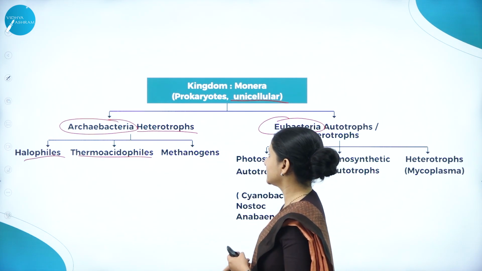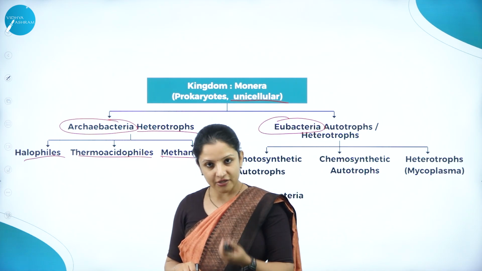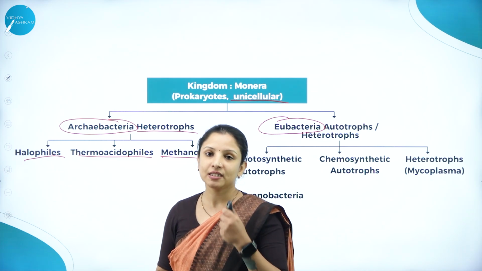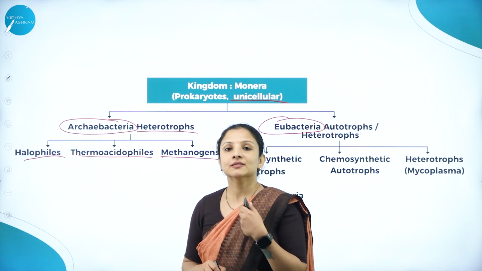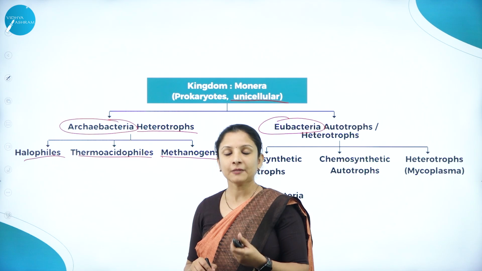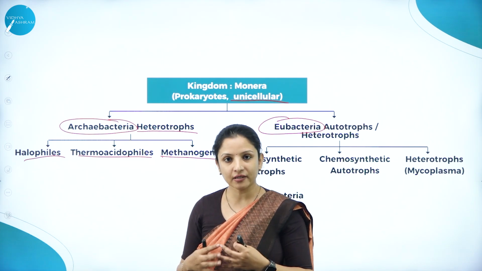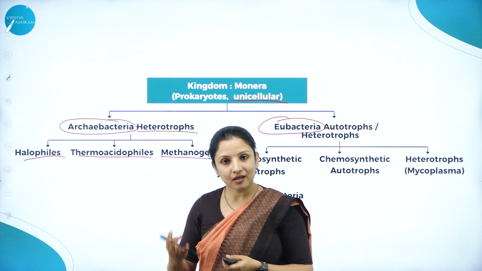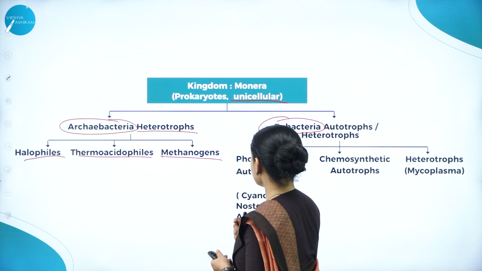And methanogens are the ones which live in marshy areas, as well as in the gut of ruminant animals such as cows or buffaloes, wherein they come out of the gut in the form of dung and create methane, or make biogas. So that is about methanogens.